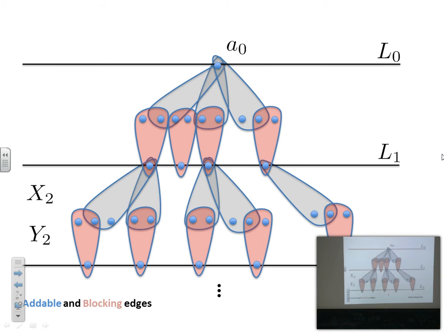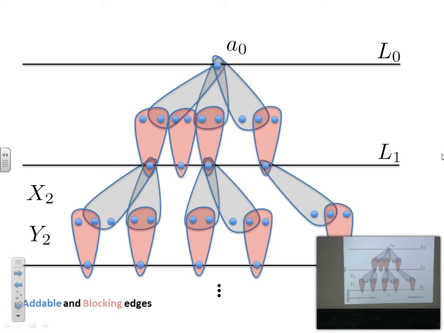It's convenient to split this alternating tree into layers: layer L0, L1, L2, and so on. The vertices that lie on these black lines are always the A vertices, and the vertices that lie here are always the B vertices, just so that we are on the same page.